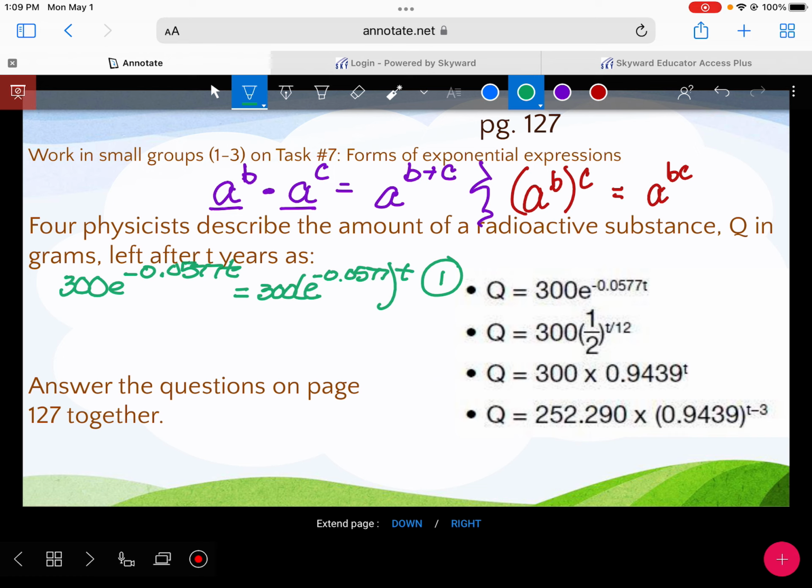Like e raised to that and then raised to the t. So I'm separating them. I am going in reverse order of this last exponent rule, okay? On your calculators, I want you to take e to the negative 0.0577 and tell me what you get.